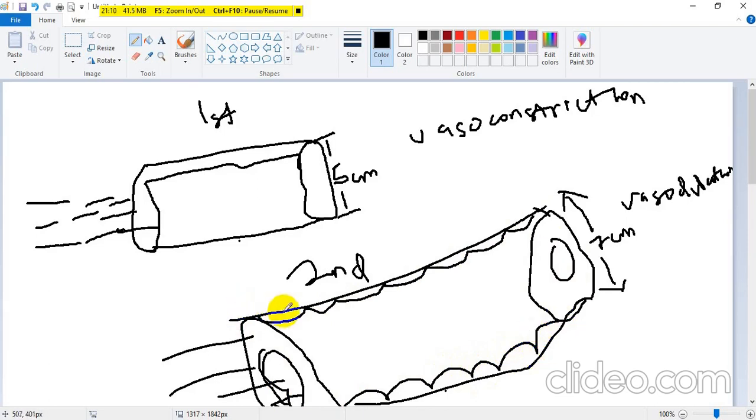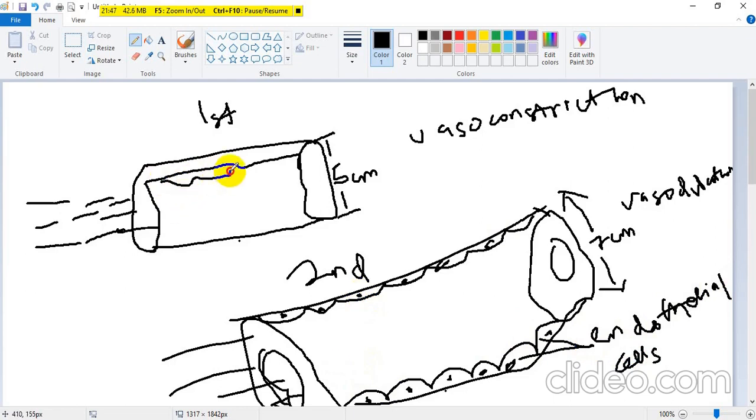So these are called endothelial cells, cells lining the blood vessel. Another one is here, so they are two endothelial cells. It's the same over here.